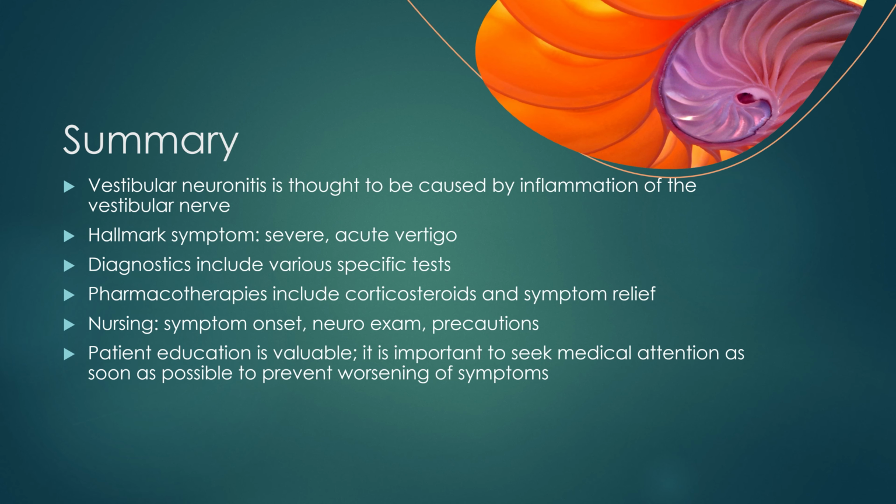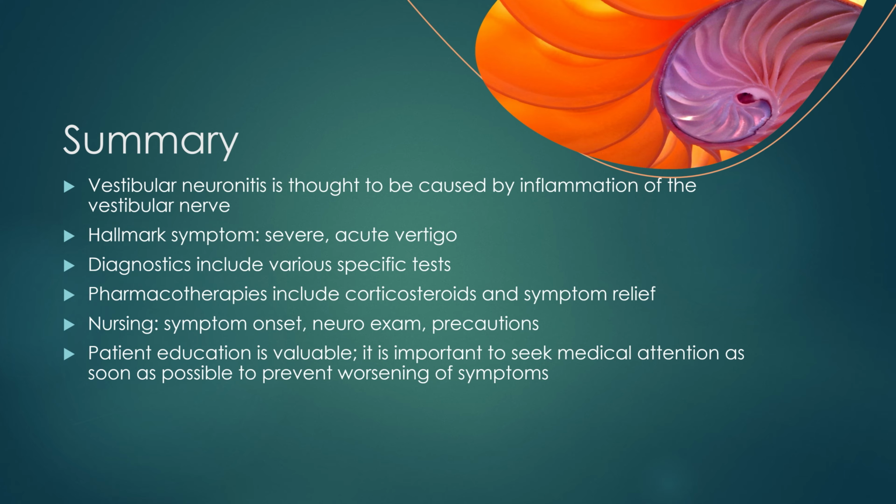Summary. Vestibular neuritis is thought to be caused by inflammation of the vestibular nerve, with its hallmark symptom being sudden and severe vertigo. Diagnostics include several specific tests, primarily testing for nystagmus and ruling out other nerve disorders. Pharmacotherapies include corticosteroids such as prednisolone and symptom relief therapies such as antiemetics like meclizine.